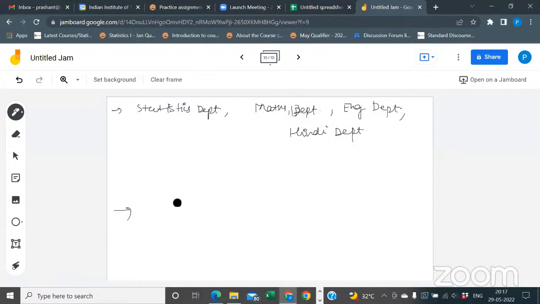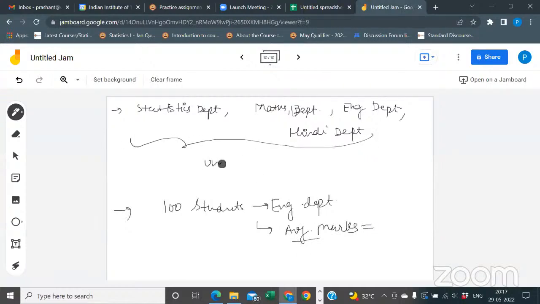Suppose I took a sample of 100 students from the English department and calculated their average marks. In this university, these four are the departments, and I say the average marks of university XYZ is 82.